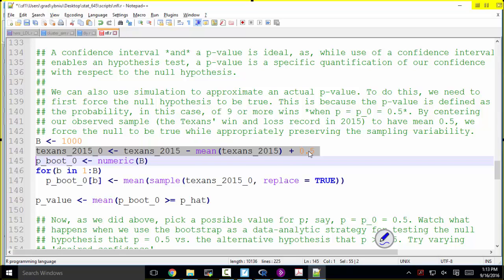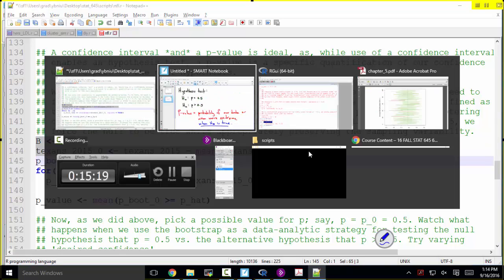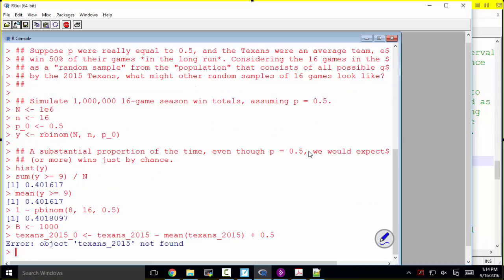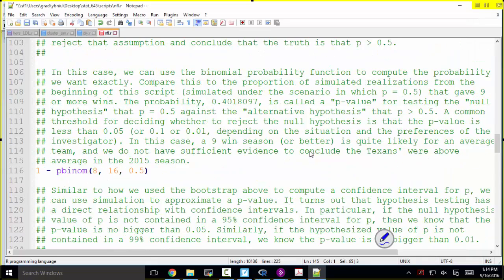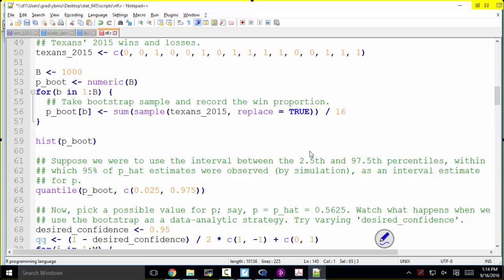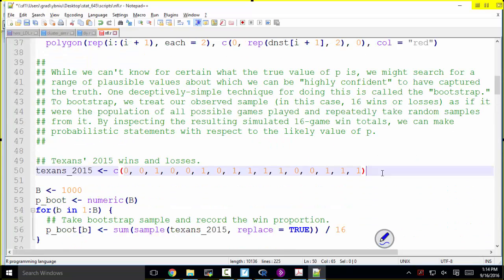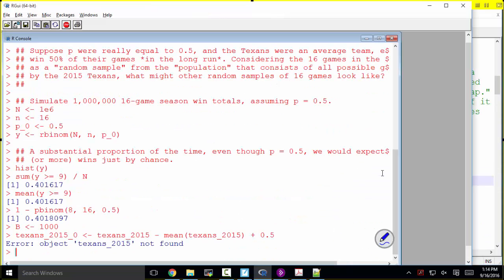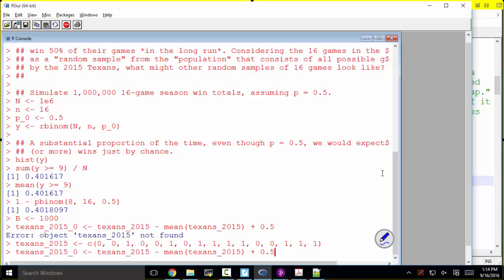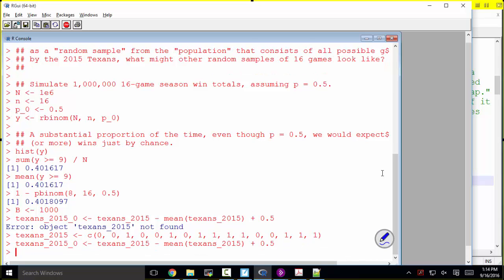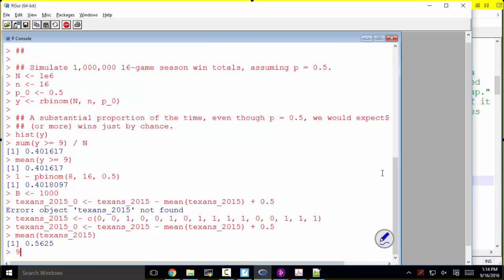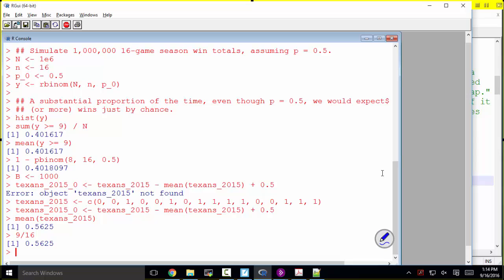So see what happens when I did that. I need to define this. So the mean of the original data was 9 out of 16. The mean of a bunch of zeros and ones is the same thing as the proportion, right?